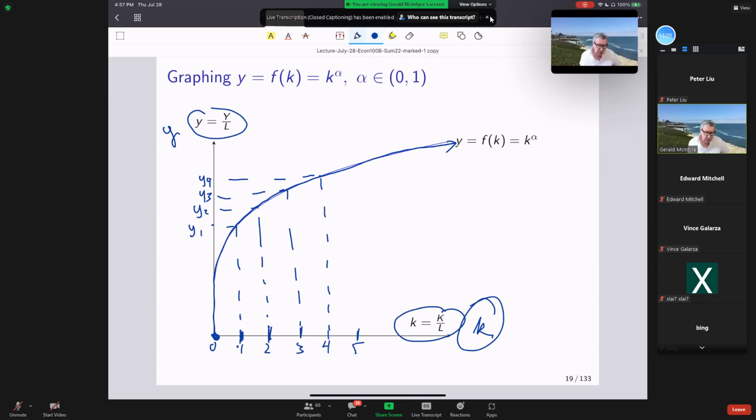Now every worker has 2 units. Every worker has 3 units of capital. Every worker has 4 units, 5 units, and so on, okay? The output that you get from each additional unit gets smaller. You go from 0 to this one, it's tremendous, right? The marginal product of small k is huge there, but then it's only this big on the second step.